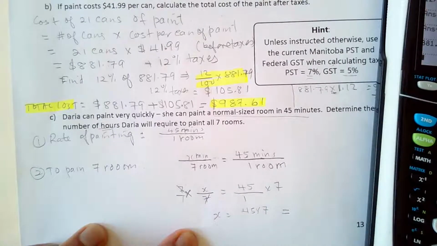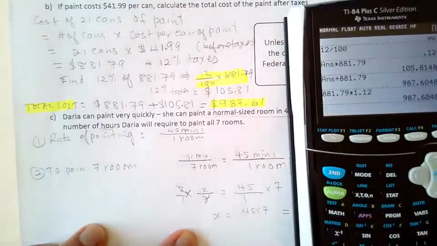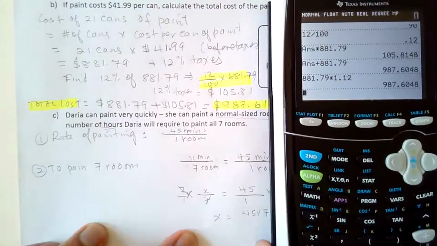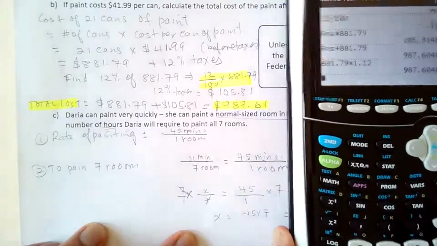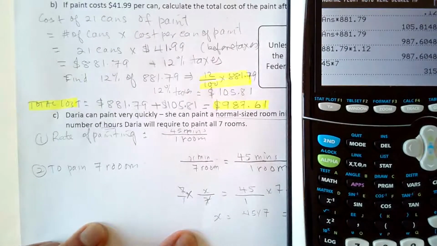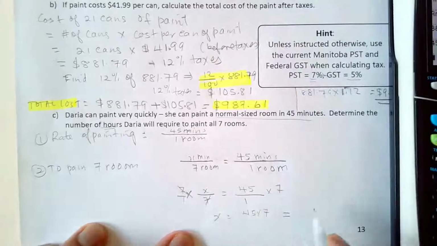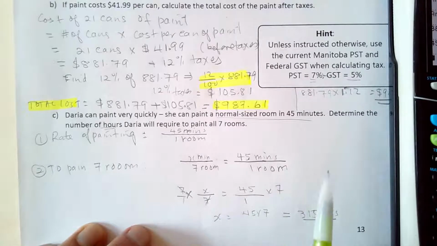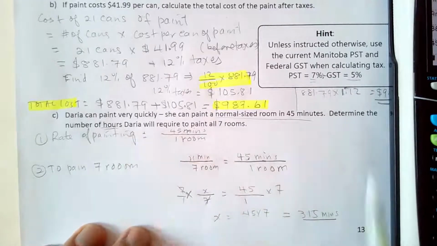That will give me minutes. So let's find that out. Equals 315 minutes. But I asked you the total number of hours. So we want to change that to hours.